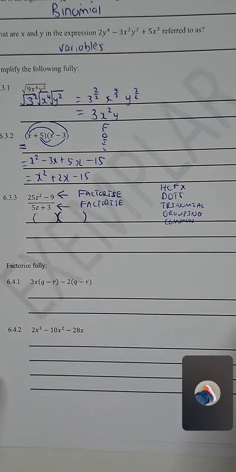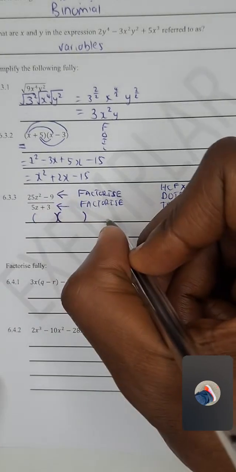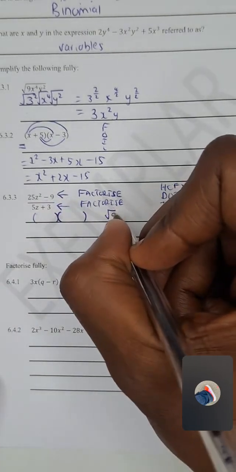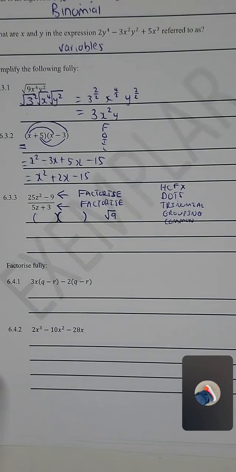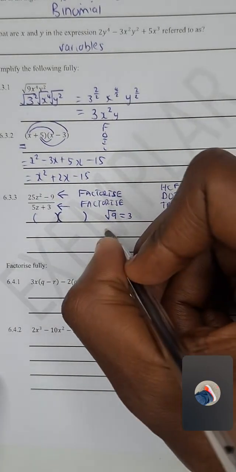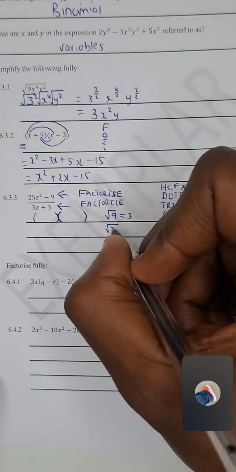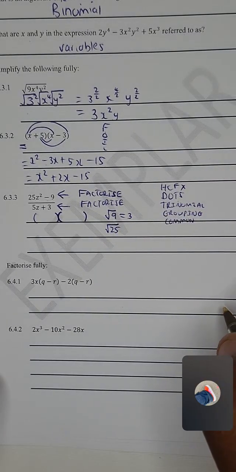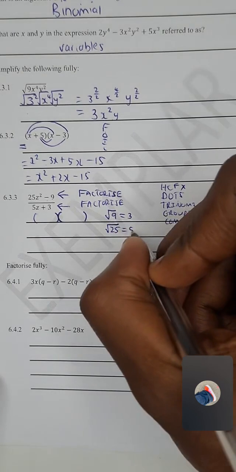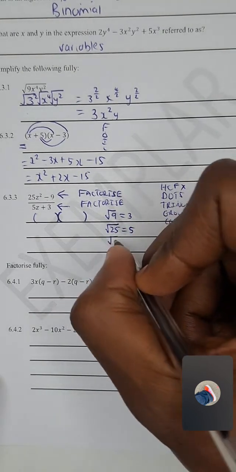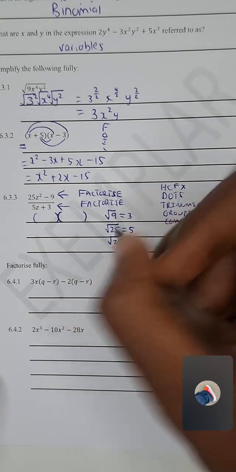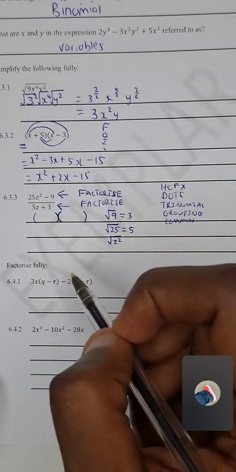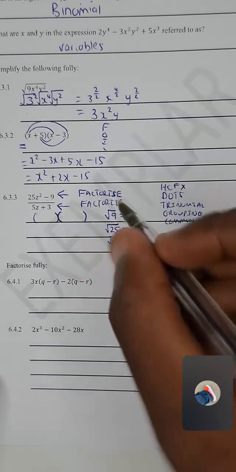25z squared and 9. What is the square root of 9? It is 3, right? What is the square root of 25? It's 5. And then what is the square root of z squared, which is the variable that is multiplied to 25? It is z.